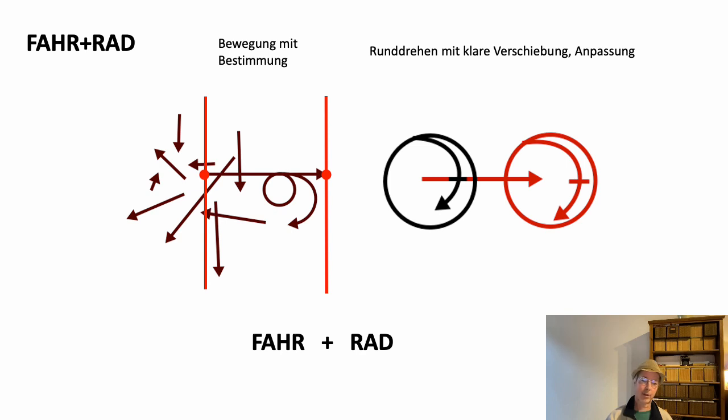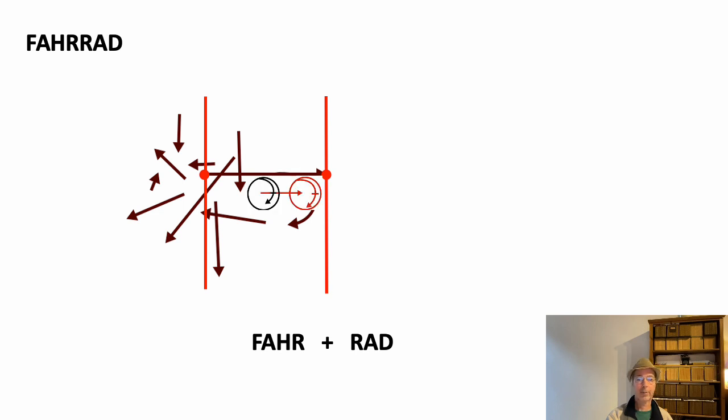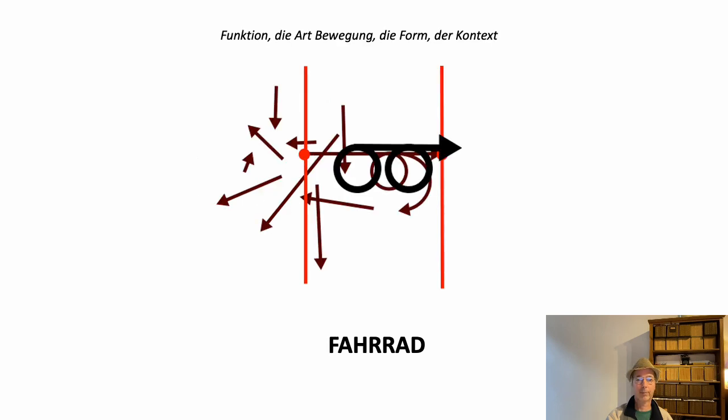Fahr means going. It means to drive somewhere, and Rad means wheel, and it is actually perfectly a wheel with spikes then. So if you combine it together, we can almost see the bike that is driving somewhere, and so on.